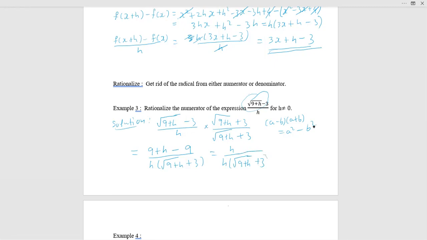Then this h over h cancels out. We get 1 over the square root of 9 plus h plus 3.